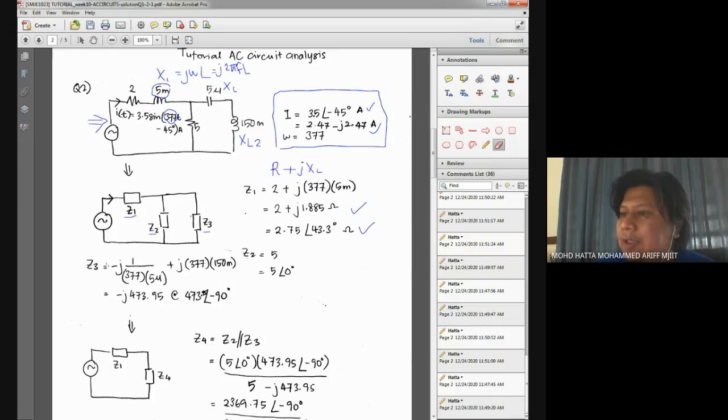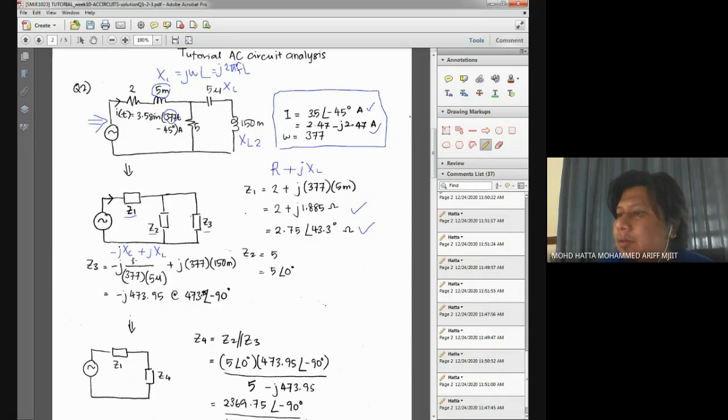Basically for Z3, the combination of these two is given by negative JXC plus JXL.